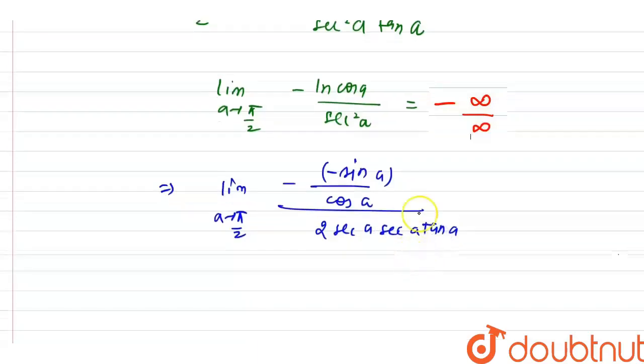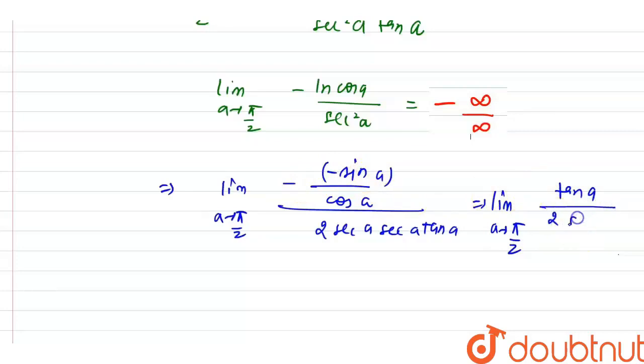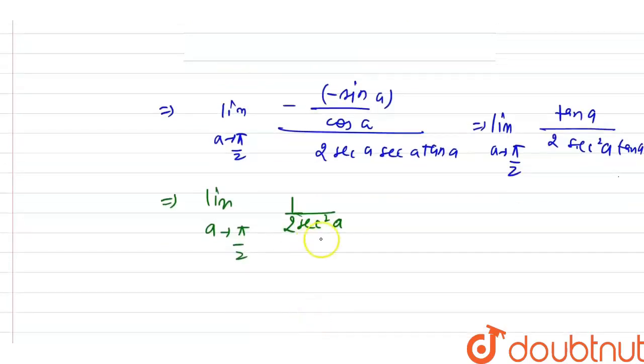Understood? Now moving further, I'm going to simplify this. It will be limit A tending to pi by 2, and minus minus becomes plus tan A over 2 sec square A tan A. Tan A will cancel tan A, and I will be left with limit A tending to pi by 2 of 1 over 2 sec square A, and sec square pi by 2 is nothing but infinity.